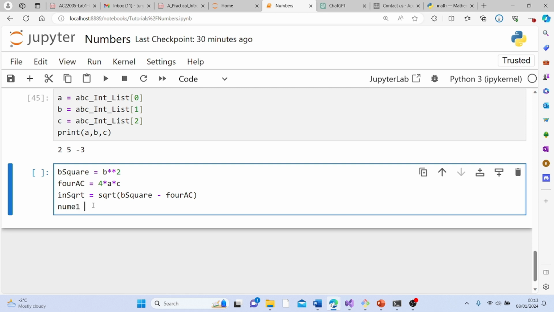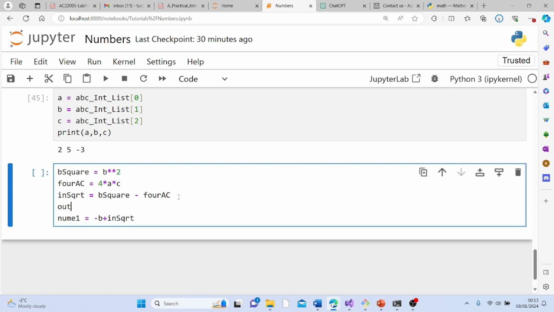Num1 will be minus b, right, plus whatever we have inside in square root, as in out. Let's say the out square root is equal to square root of in square root.